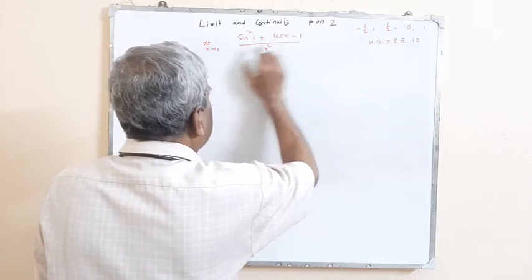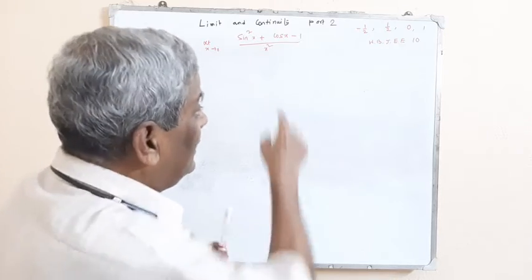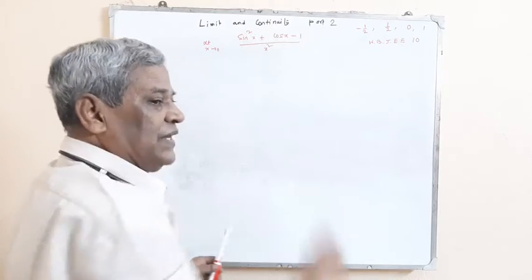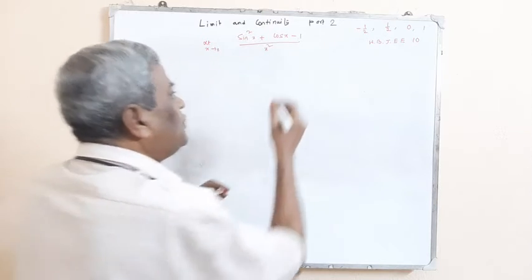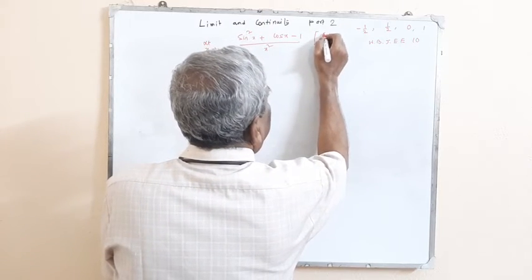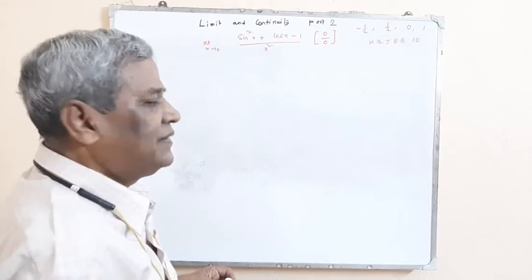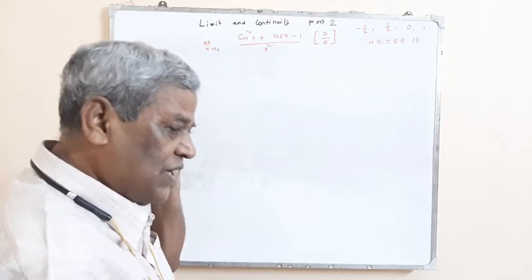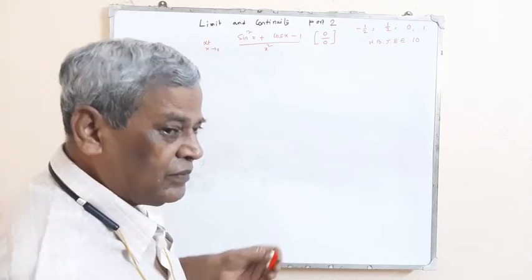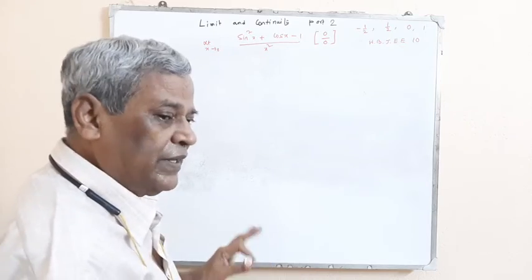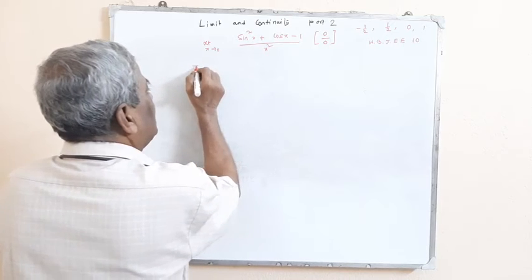And then plus limit x tending to 0 of cos x minus 1 by x square, expressing this in terms of sin square x by 2, very easily we can get that. But I am using here the L'Hospital rule. It is of the form 0 by 0. In examination, no need of mentioning what method you are adopting. Somehow you have to do that.